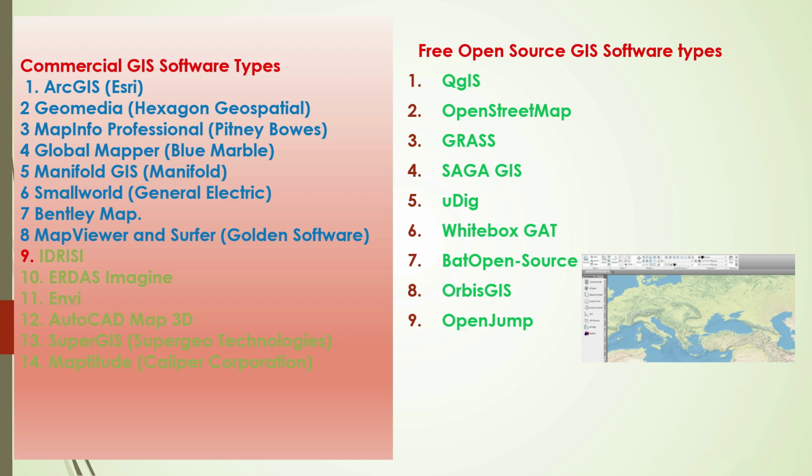My advice is that you get used to one commercially available software and also one free or open source GIS software, because there are some projects that require the use of open GIS, especially when projects are sponsored by international agencies. They want to reduce the cost of implementation of the project as much as possible.